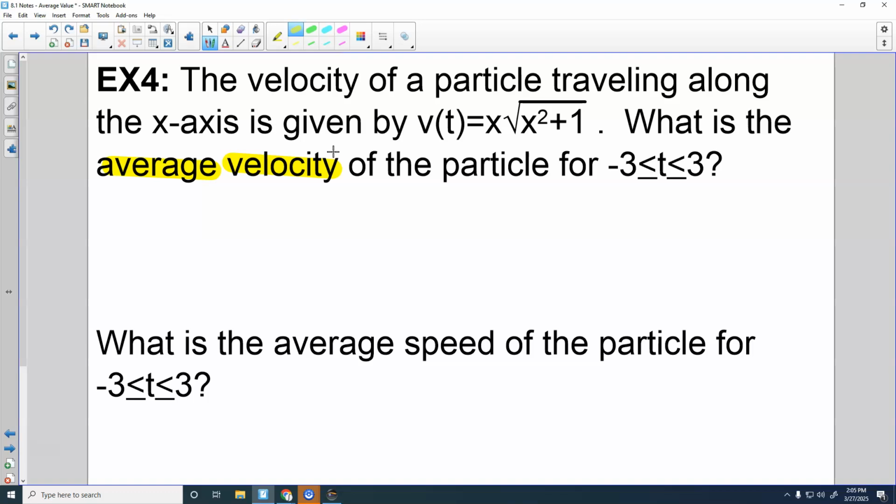So just remember that if you see something like average velocity, you're integrating velocity. Or if they ask you for average acceleration, you're integrating acceleration. If they ask you for average position, you're integrating position and dividing by the length of the interval.